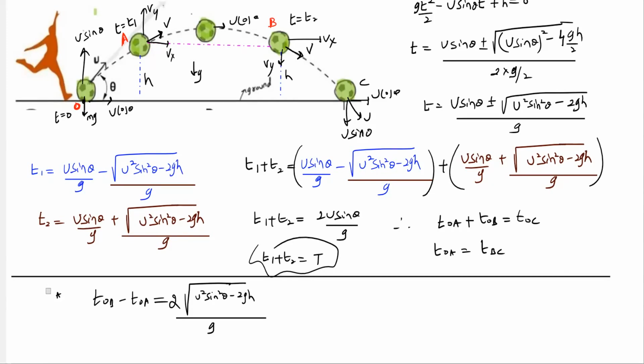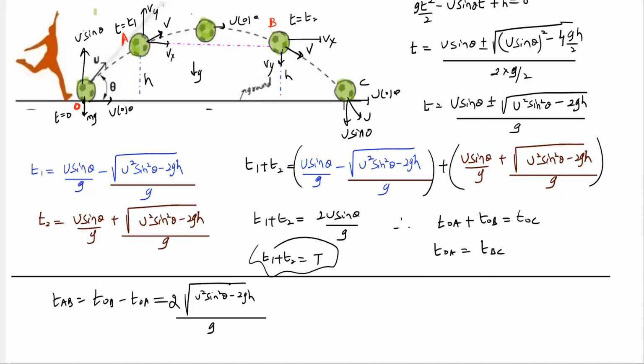I'm writing it. What is TAB? The time taken to move from here to there between the same height. This will be useful. Somewhere in our formulas, this is going to help us a lot. The reason for that, T2 minus T1. So this quantity will get added up to this. These two will cancel out when you add up T1 plus T2.